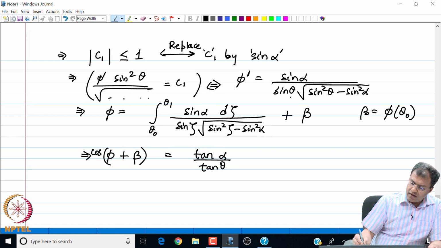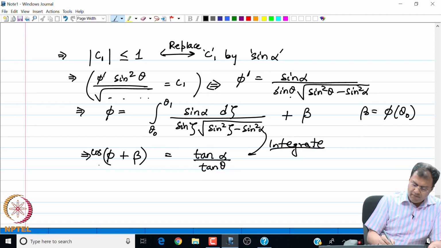So, after integration we get the final answer, and then we can further simplify by opening up this cos a plus b using the cos a plus b formula.